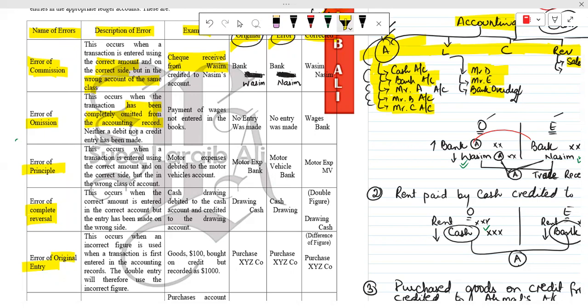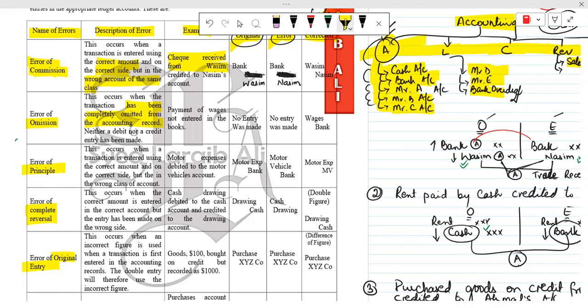As we know, every transaction has two effects, debit and credit. In this type of error, neither the debit entry was made nor the credit entry was made, due to which the trial balance is not affected.